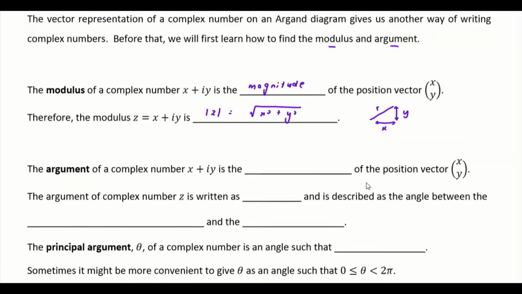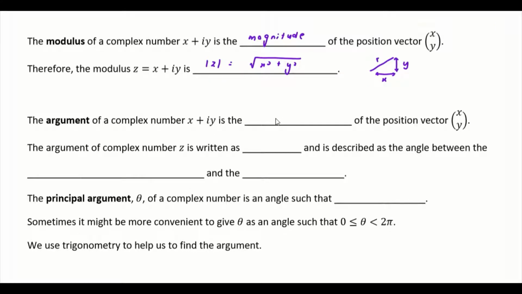Then for the argument, the argument is the direction of the position vector. But we are not going to express it in the form of a direction vector. We are going to express it in the form of an angle. How do we write the argument of complex z?